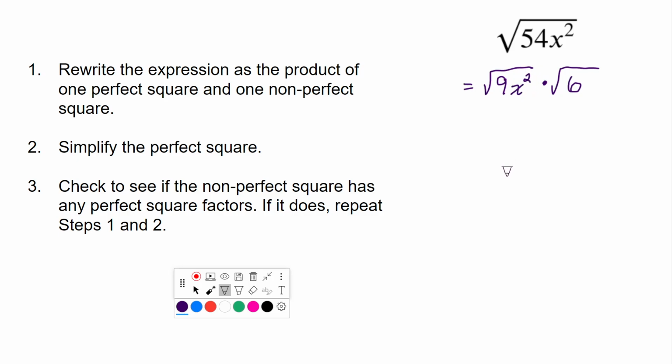I'm going to place it with the 9. And the square root of 9 is 3. The square root of x squared is x, times the square root of 6. 6 has the factors 1 times 6, 2 times 3. 1 is the only perfect square, but it's not going to help us break it down any further. So this is 3x times the square root of 6.